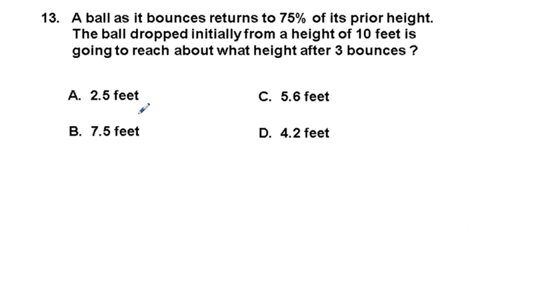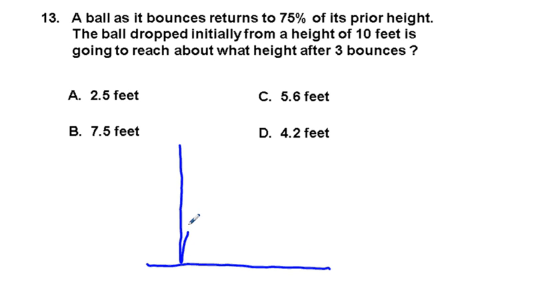Next. A ball as it bounces returns to 75% of its prior height. The ball dropped initially from a height of 10 feet is going to reach about what height after 3 bounces? So after your first bounce, you drop from a height of 10 feet.